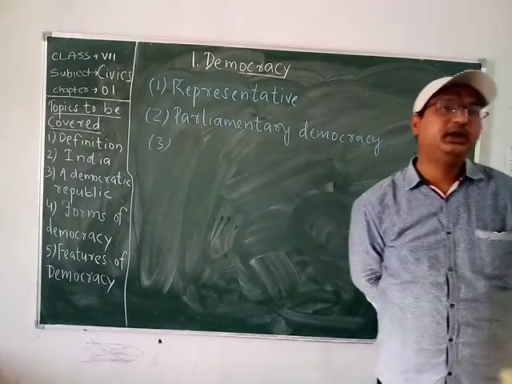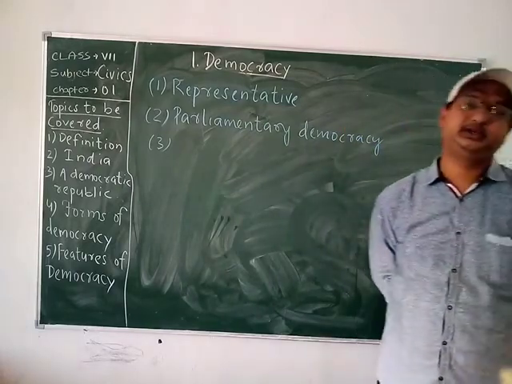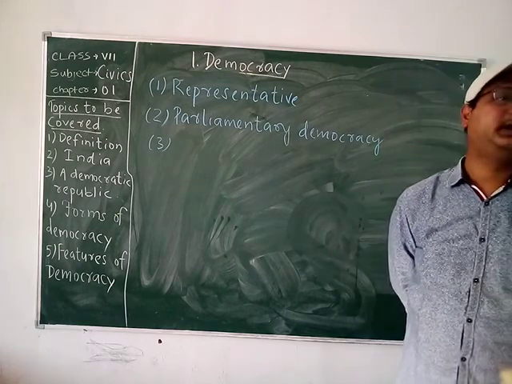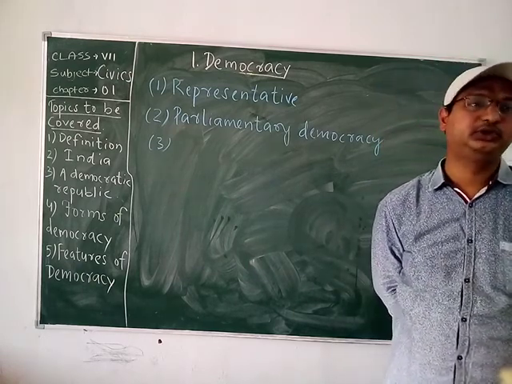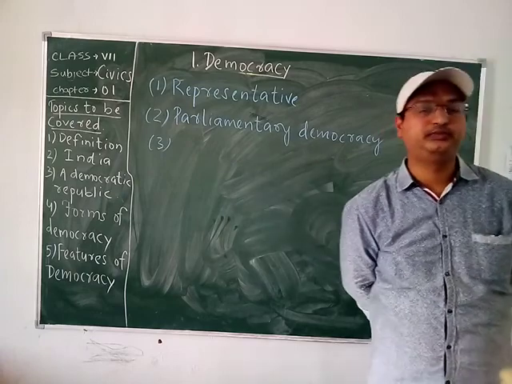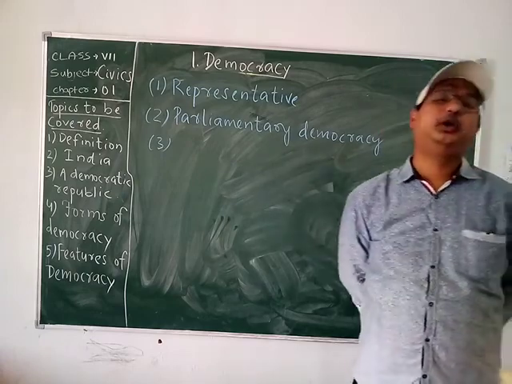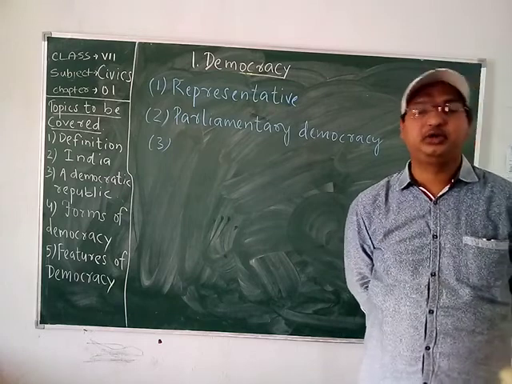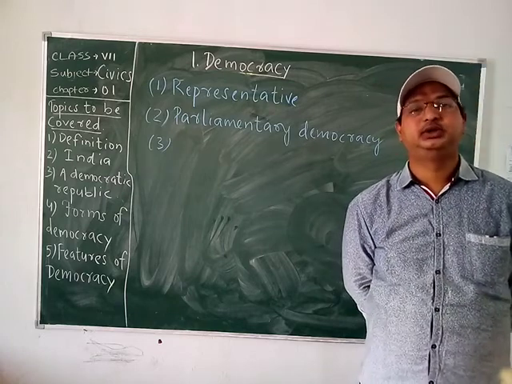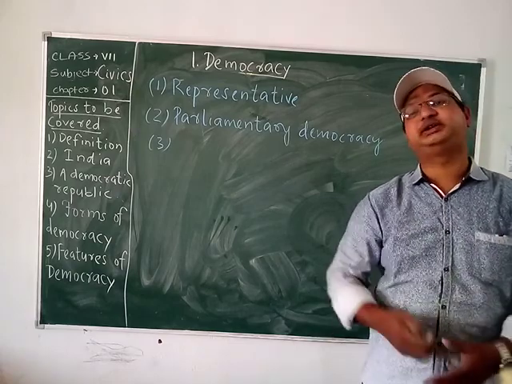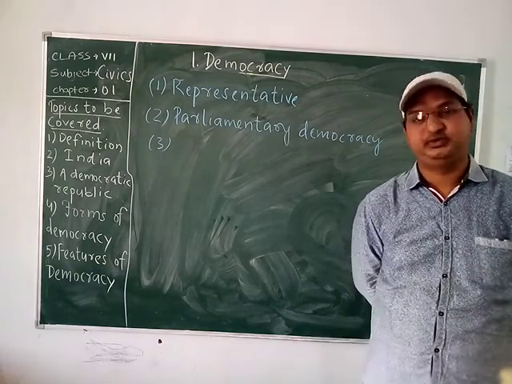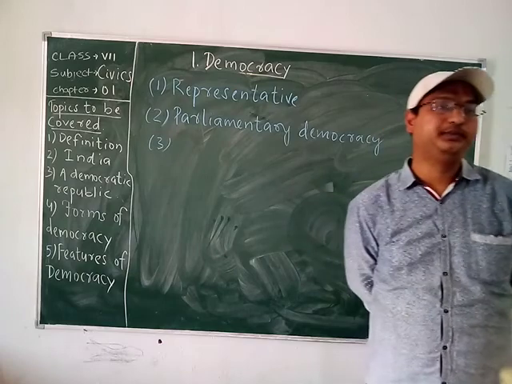In parliamentary democracy, the government is appointed by the parliament representatives, as opposed to presidential rule, because in our country we don't have the president as the chief of the government. He is the head of our state, but the prime minister, who is elected by the people, is the actual head in our country.